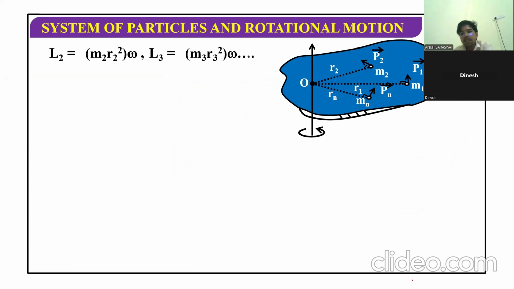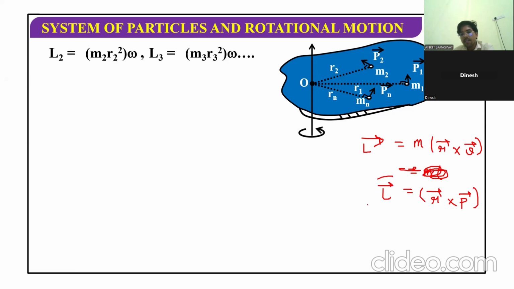The formula of a single particle, if I ask you, L will be m r cross v. And if you take this mass inside, then it will be r cross mv. mv is momentum. This is the angular momentum of a single particle.